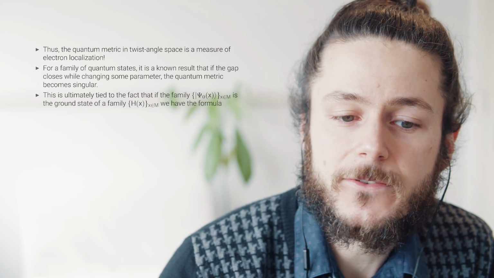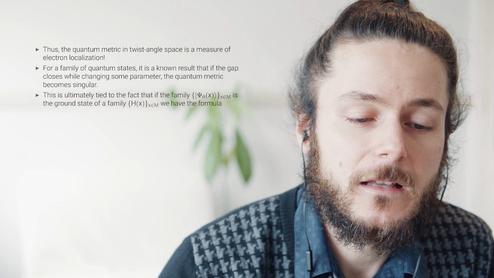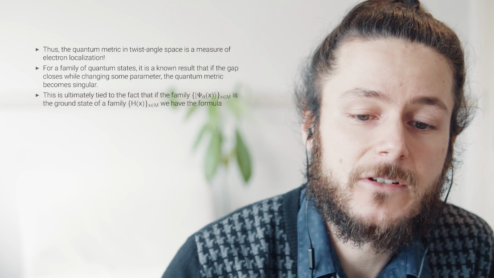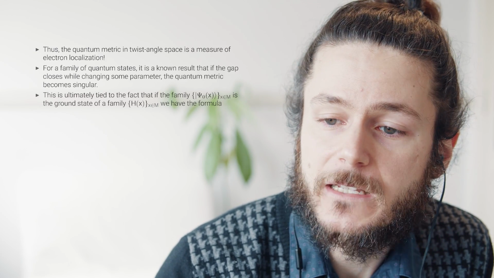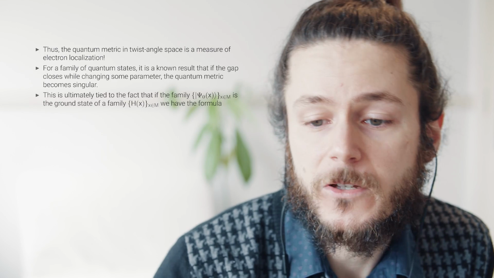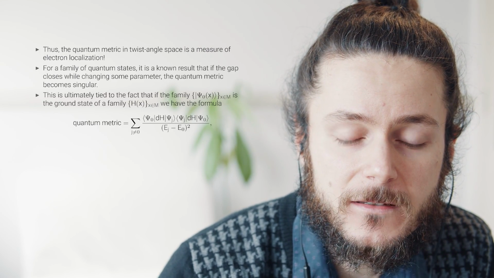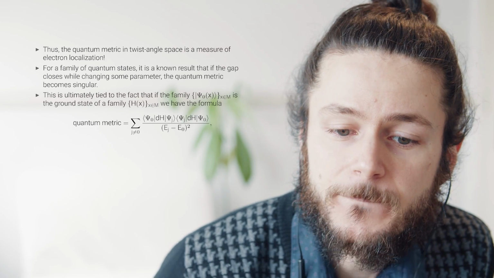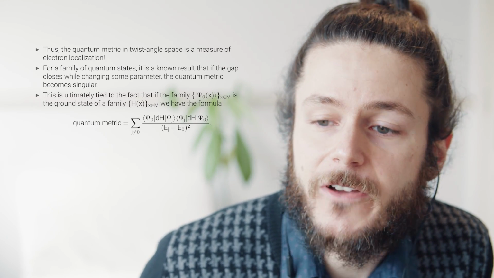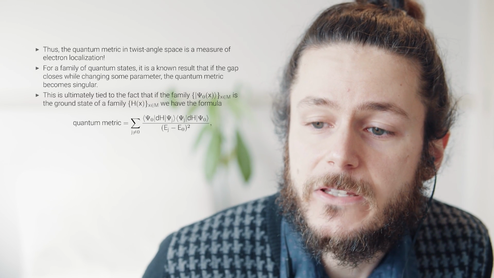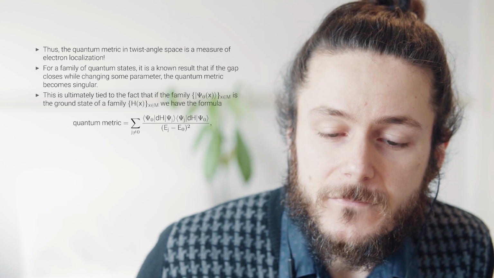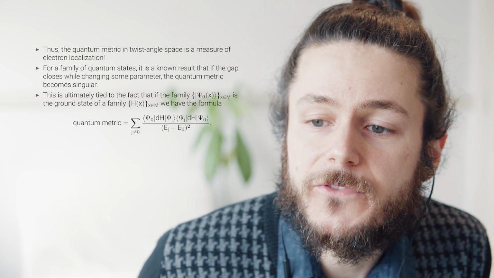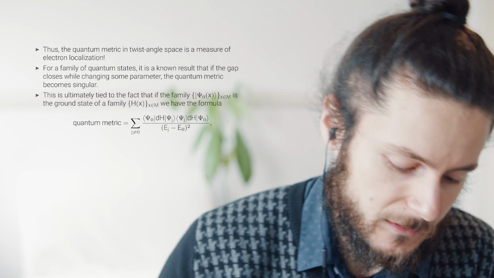This is essentially tied to the fact that for the family psi 0 of x, where x belongs to some manifold, and this psi 0 is a ground state of a gapped family H of x, we have the formula that the quantum metric is given by the sum over all excited states of these overlaps. dH is the derivative of H. The sum is over all excited states, and you have this squared of the energy in the denominator.